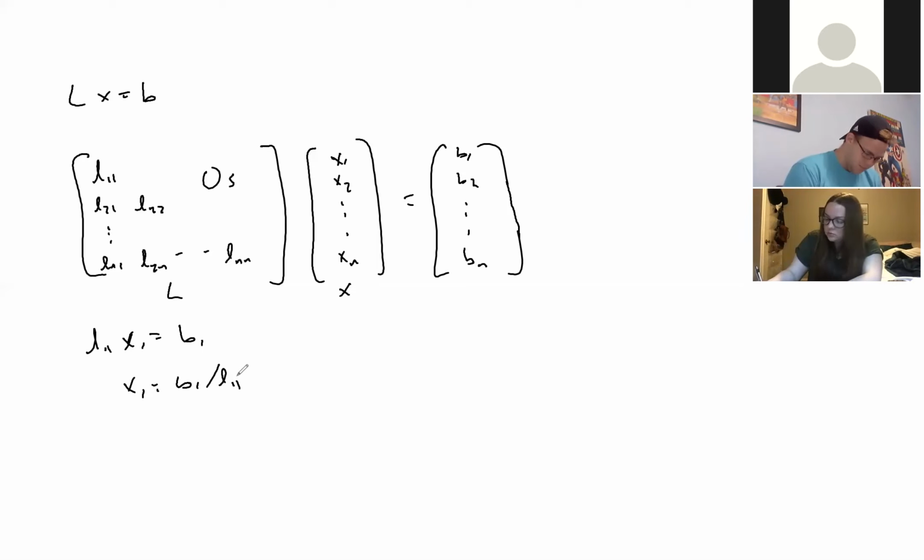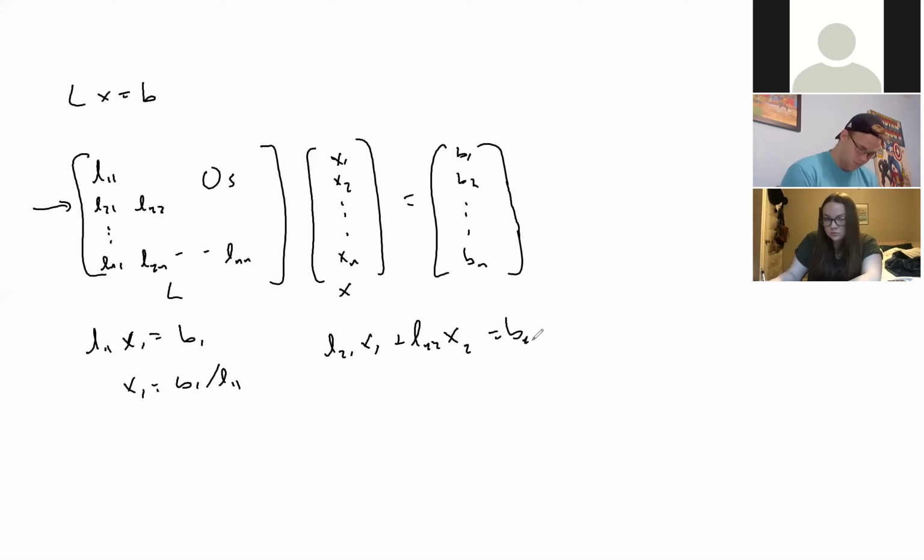Okay, for the second row, let's look at the equation this gives us, because I think this makes more sense than talking about row reduction. If I do this product, the second row times X, the equation is L21 times X1 plus L22 times X2 equals B2.